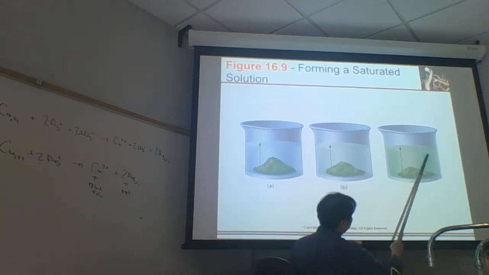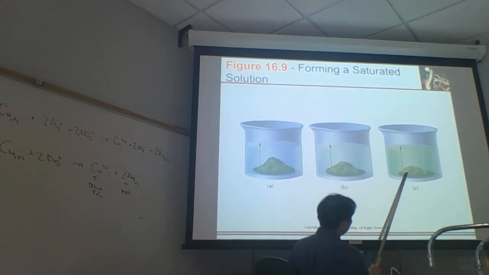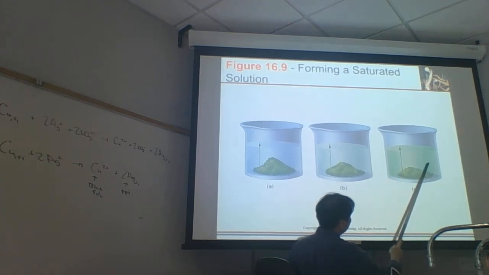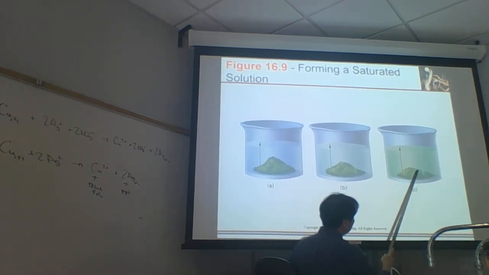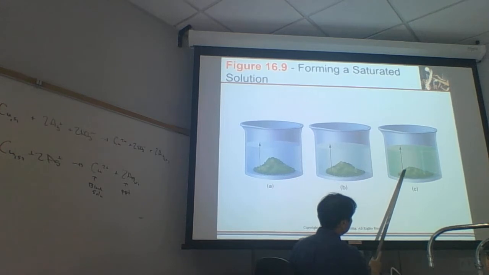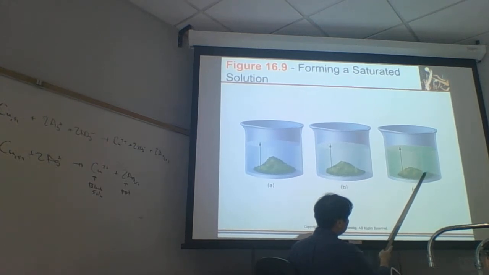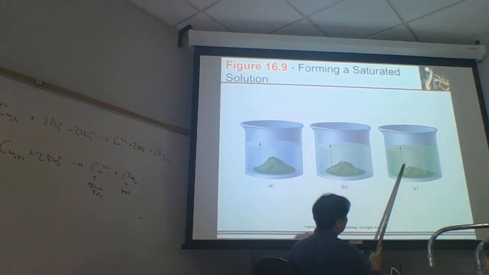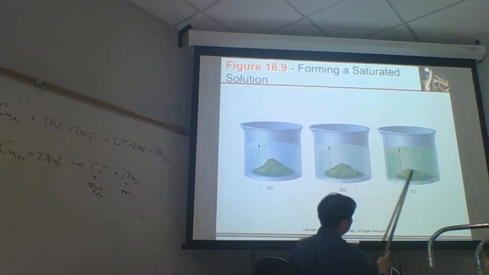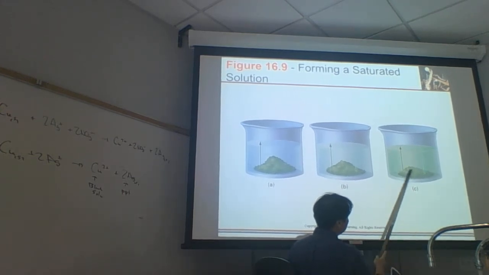But if we get a certain concentration of ions or molecules here and they come back and stick, we'll hit a point where the concentration is high enough that the probability of coming back and sticking is equal to the probability of dissolving. So in other words, the dissolution rate, how fast this occurs, versus the crystallization rate are the same. If the dissolution and the crystallization rate are the same, then we've saturated the solution.